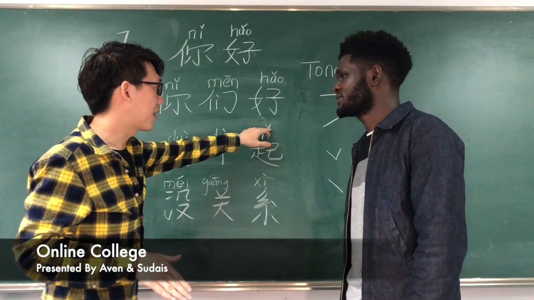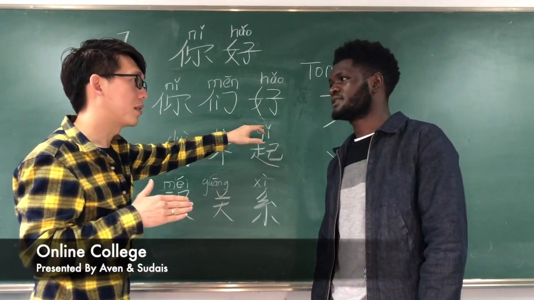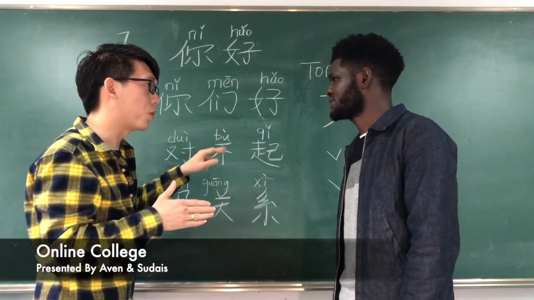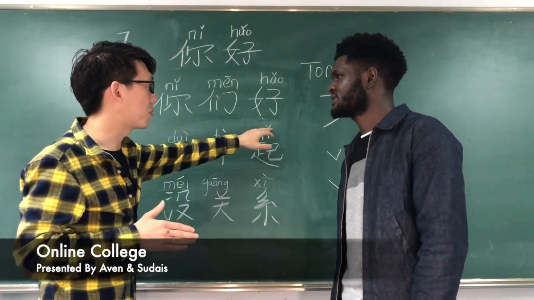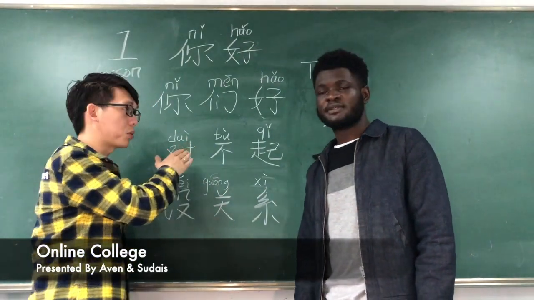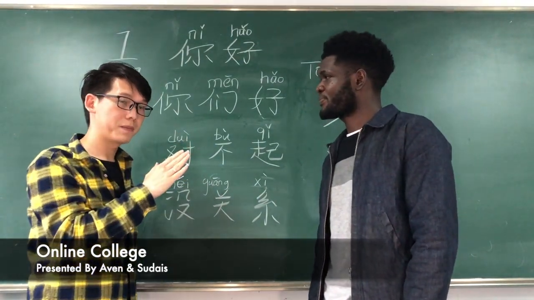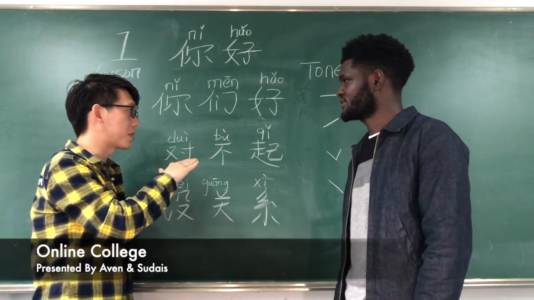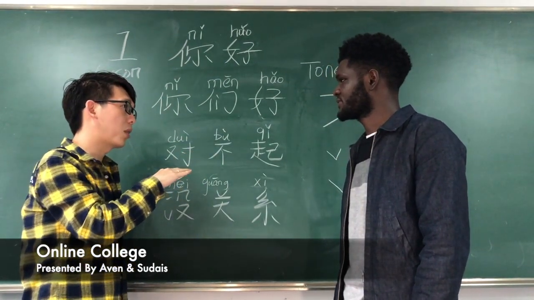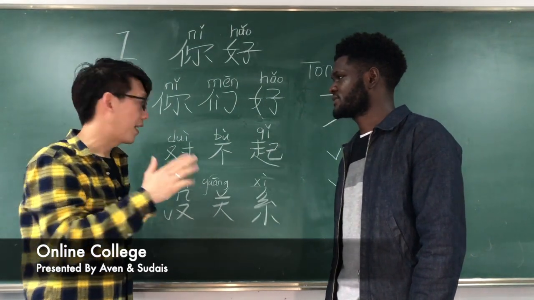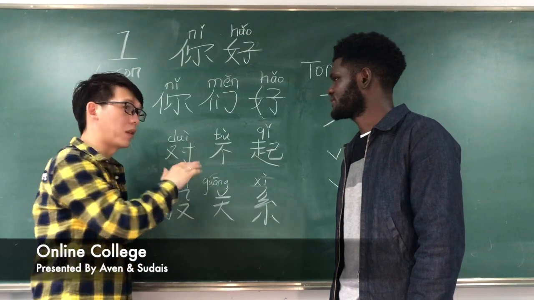So it just shows you how to spell it correctly. You can't say 对 with another tone; you have to say the fourth one.